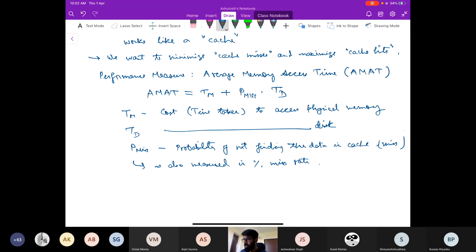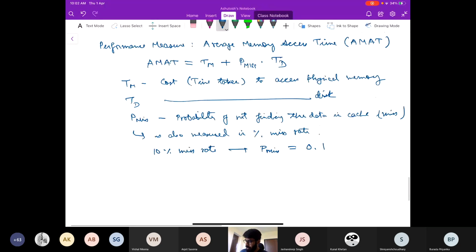To take an example, a 10% miss rate would result in Pmiss being 0.1, because it's 10 over 100.